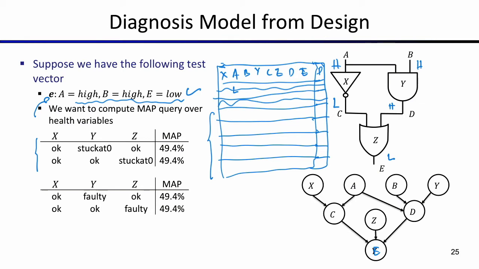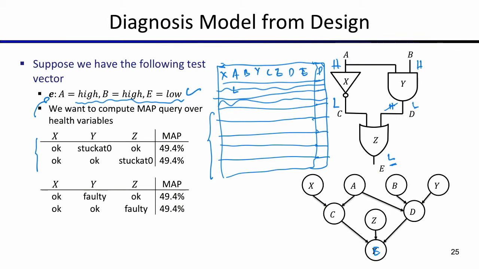So it's saying basically that Y is stuck at 0, so the output is low, not high. In this case, it makes sense, because low is going to be low. Or the other possible explanation is that Z is stuck at 0. So this gate is stuck at 0 and always provides the output low.